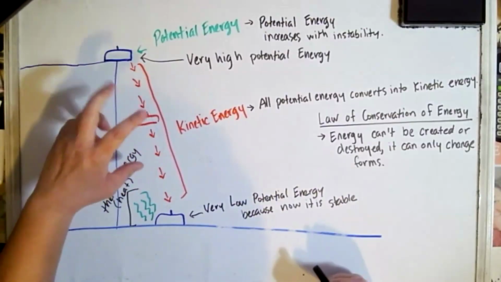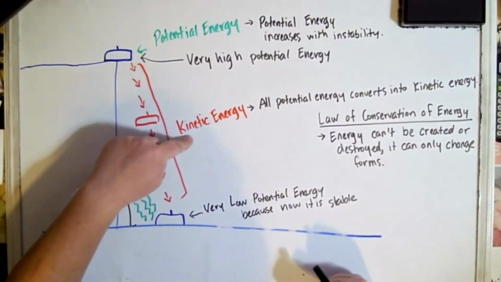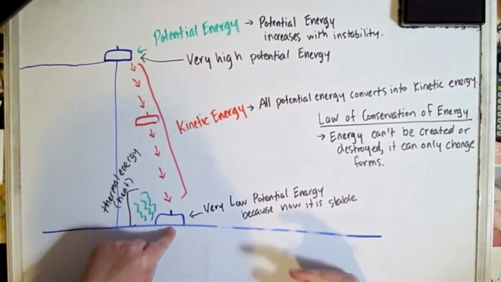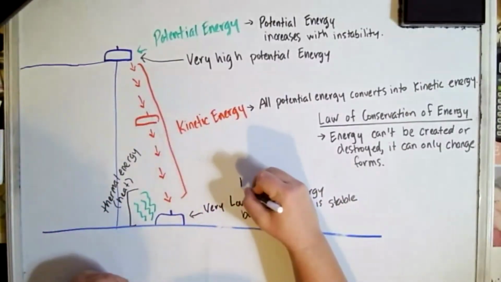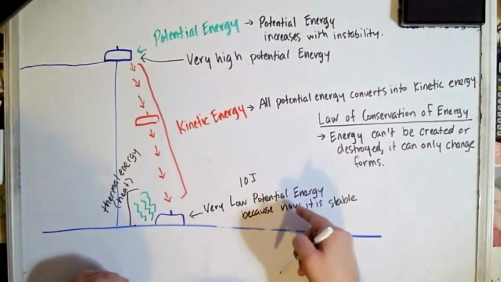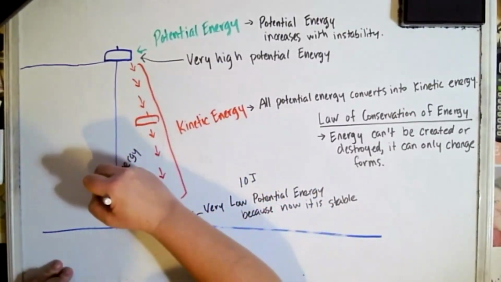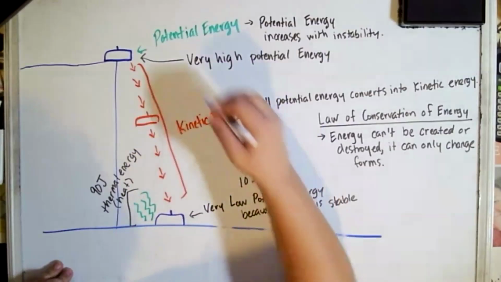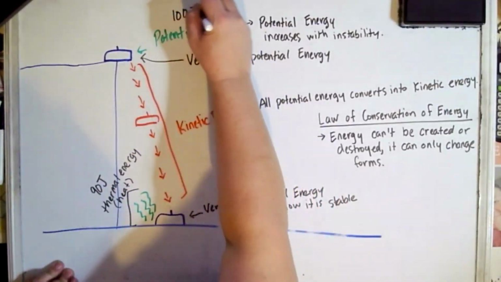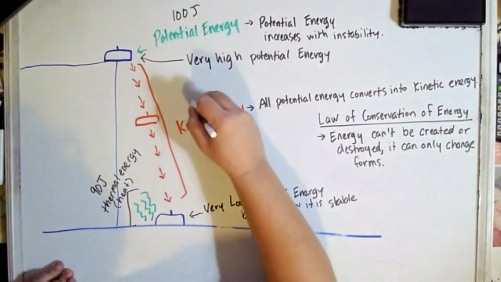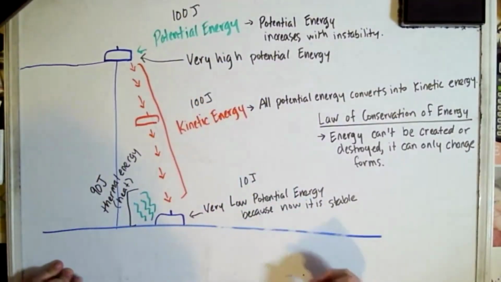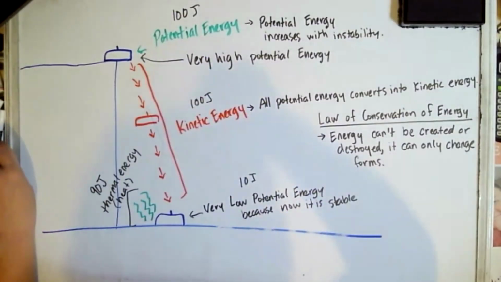All 100 of those joules would convert into kinetic energy. And when your weight hit the bottom, maybe 10 joules of your energy would be potential energy, and 90 joules would be thermal energy. But when you add them together, you still get that 100 joules that you started with originally. So that's how our energy is going to work.